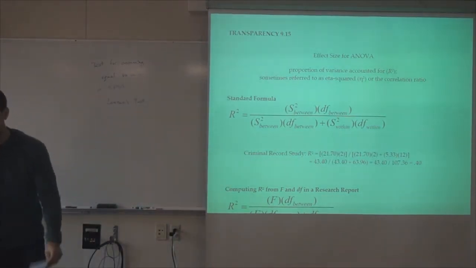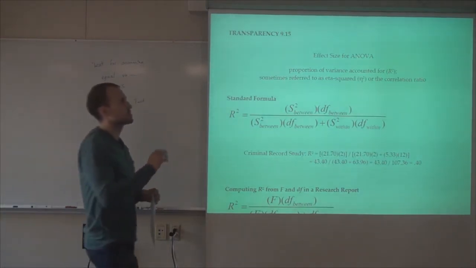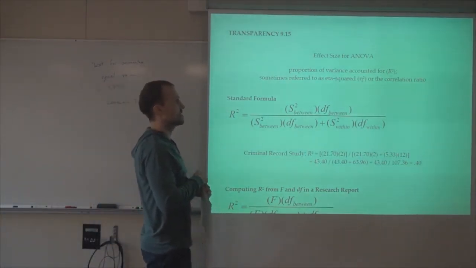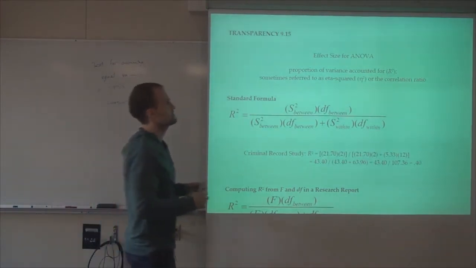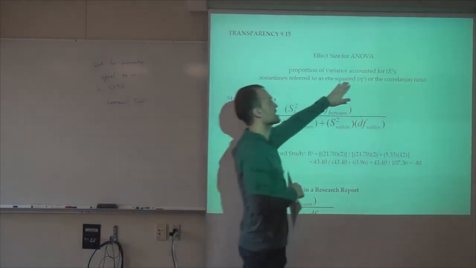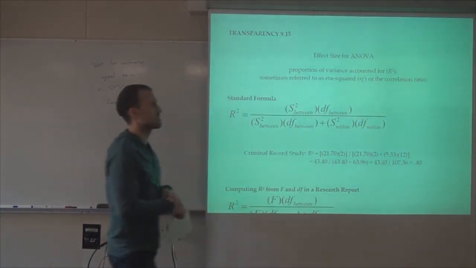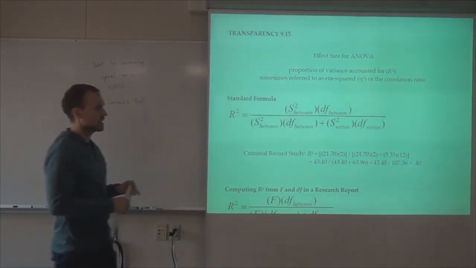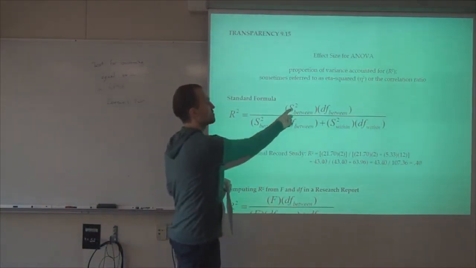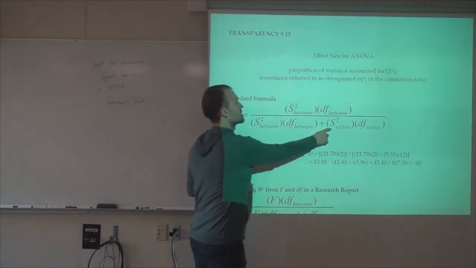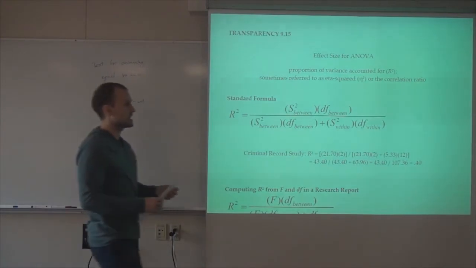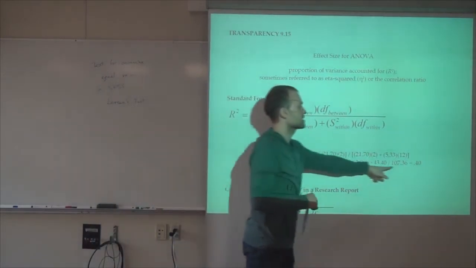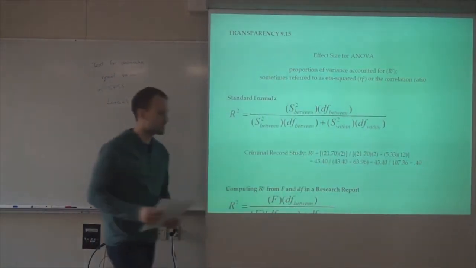This is one way where I'm looking for the proportion of the variance accounted for. This is also called the Eta Squared value, or the correlation ratio, and I calculated using my between groups and within groups estimate. So for my criminal record study, I would calculate it as a 0.4.